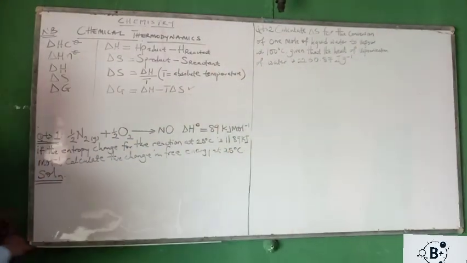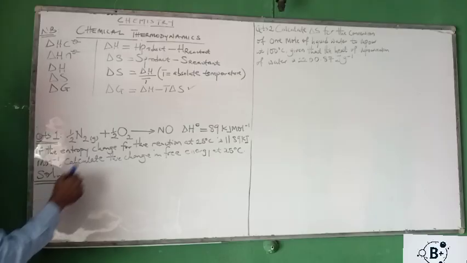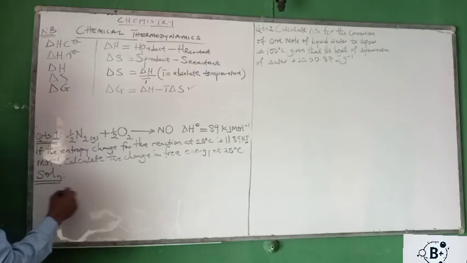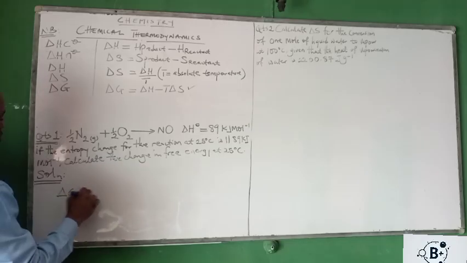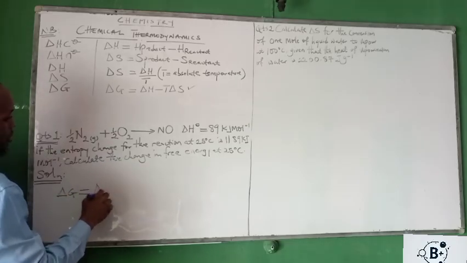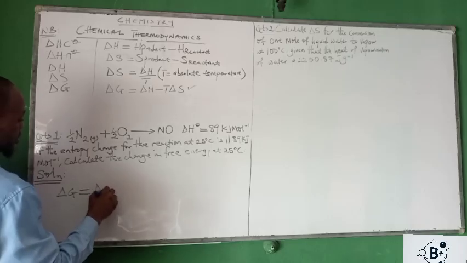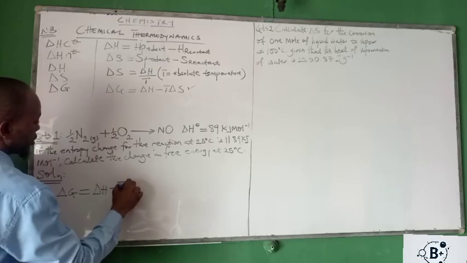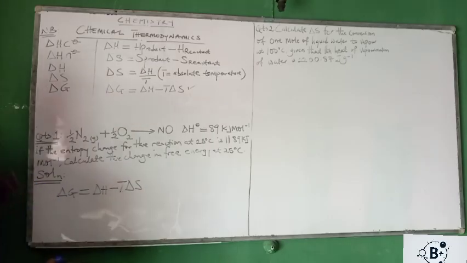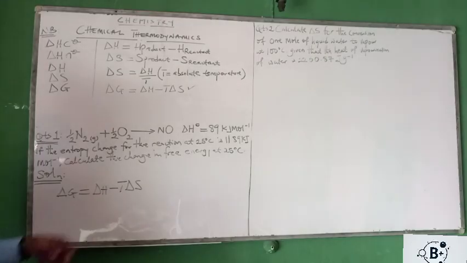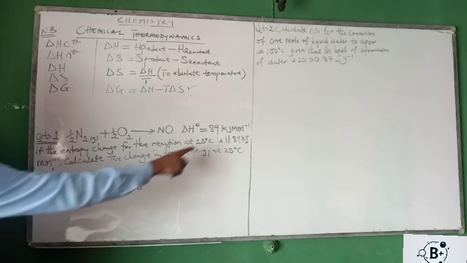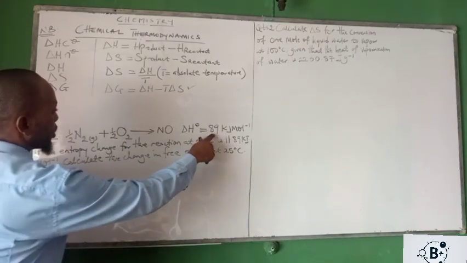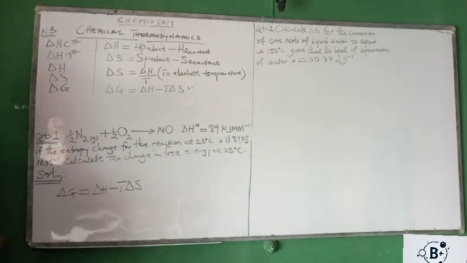To solve this now, the solution will be: change in G is equal to change in H minus T change in S. Now, change in H is the enthalpy change, which is 89 kilojoule.